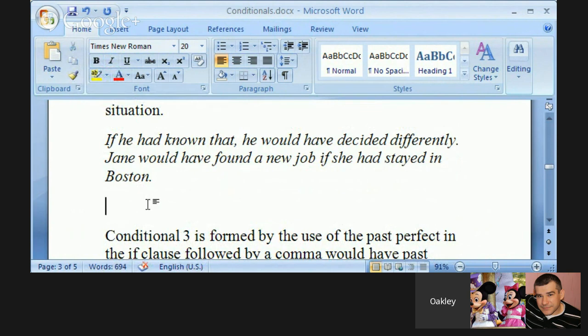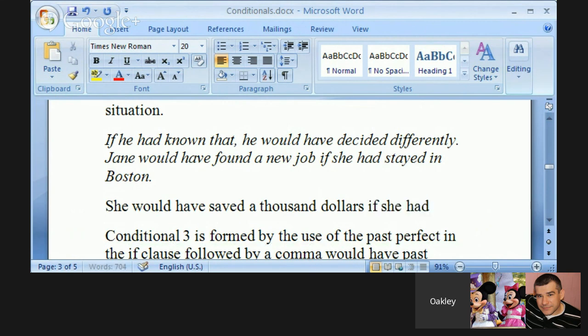Adam, I'm going to ask you to go first because I've been picking on Anna the whole time. She would have saved $1,000. If she had bought this car on the sale last month.